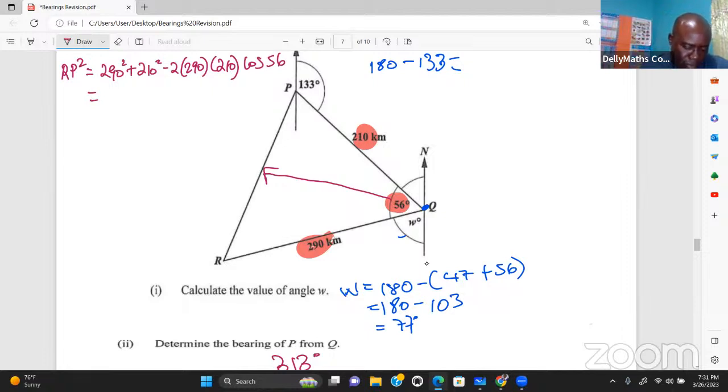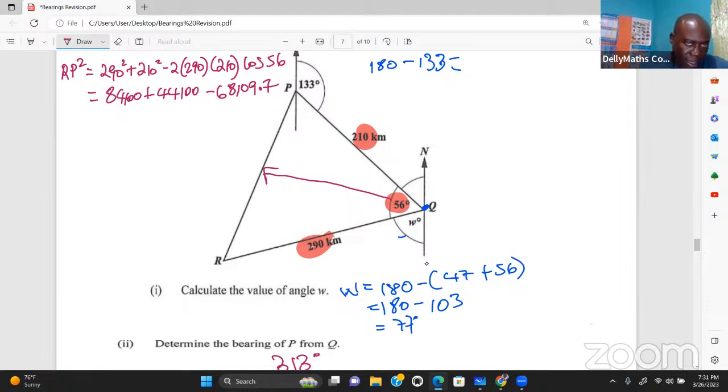290 squared, 84,100. 210 squared, 44,100. Then negative 2 times 290 times 210, and that times the cosine of 56. And we are subtracting about 68,109.7.